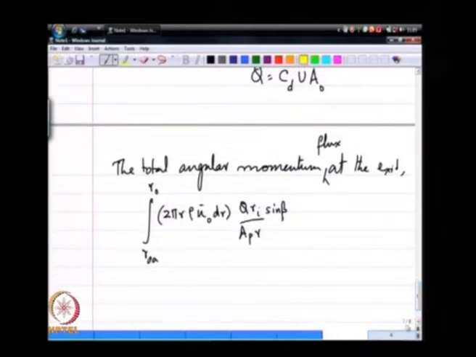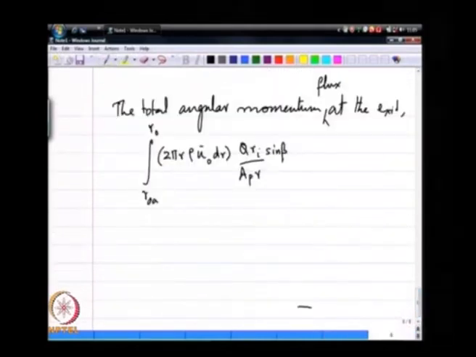So, if I do the integration, I can cancel out r here, and essentially what do I have?